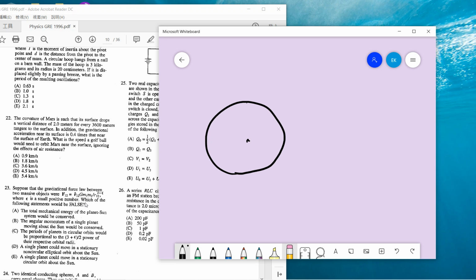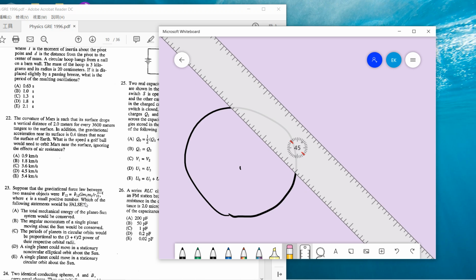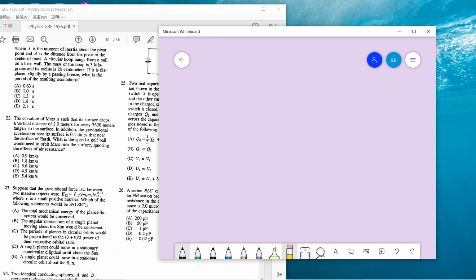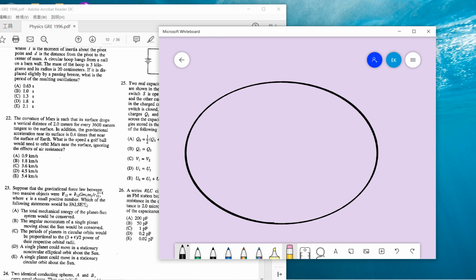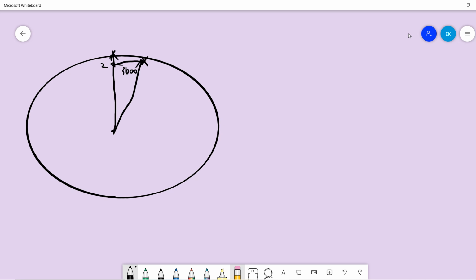Okay, so let me try it again. I just want to draw a pretty good sphere. Unfortunately this is not a sphere, but from here to here, you just move 2 meters, and this is 3600, and this is r.